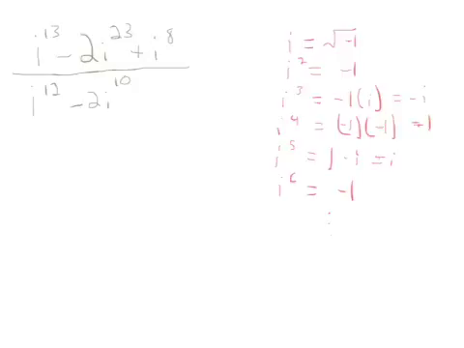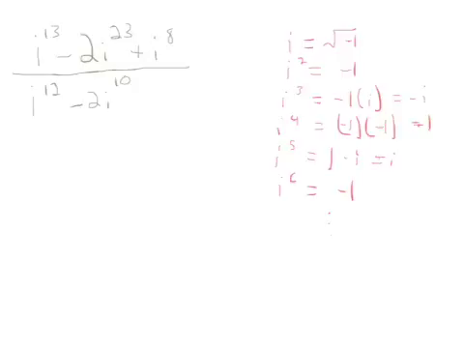Okay, so now that we see the pattern, we could just continue that and write it out, or we could think through it logically. So for i to the 13th, I could divide 13 by 4, because we're repeating every four numbers. So 13 divided by 4 would be 3 with a remainder of 1.